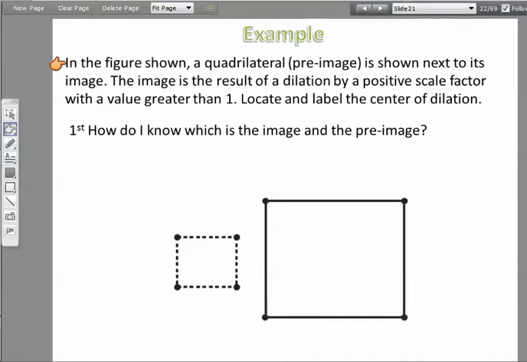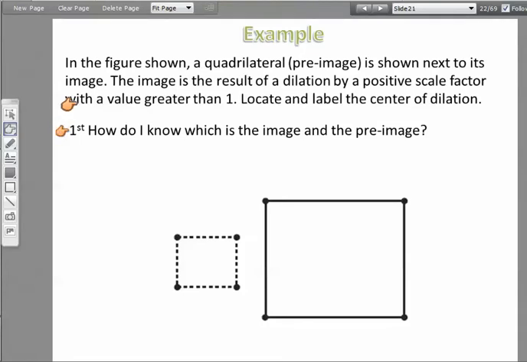Okay, this one says in the figure shown, the quadrilateral pre-image is shown next to its image. The image is the result of a dilation by a positive scale factor with a value greater than 1. Locate and label the center of dilation. My question is, how do you know which is the image and the pre-image?